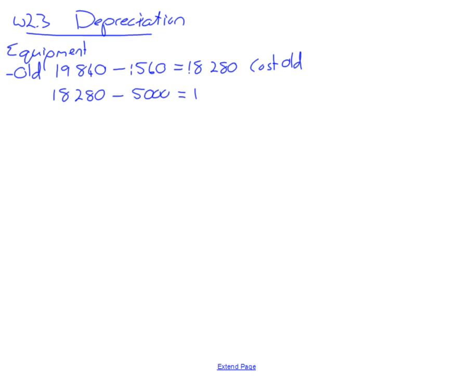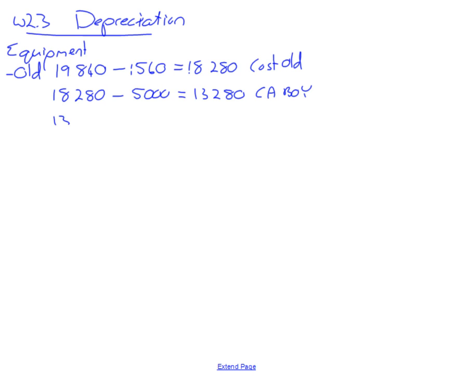The old machine first will be the 19,840 total cost at the end of the year, minus the new machine of 1,560 gives me 18,280 cost on the old machine. I then take the 18,280 cost minus the 5,000 accumulated depreciation gives me 13,280 carrying amount beginning of the year on the old machine.